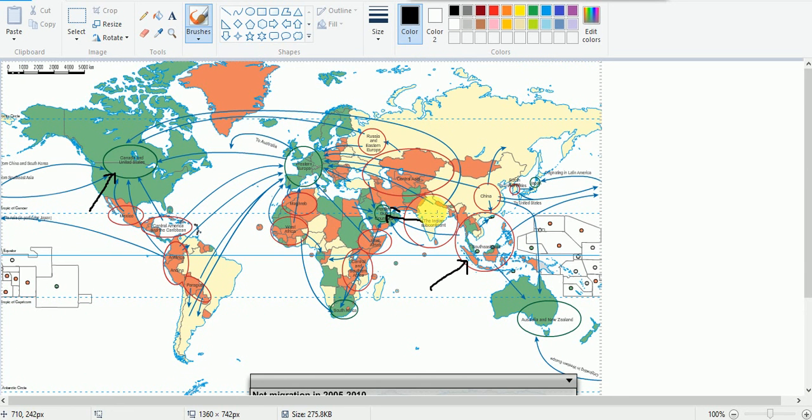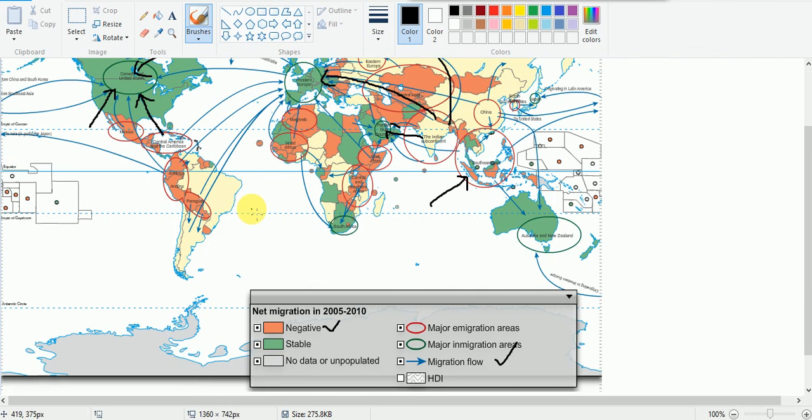That means people from India are migrating towards European countries here, and here in USA and Canada also many people are moving. Just see, from the Central American countries also people are moving towards USA and Canada.